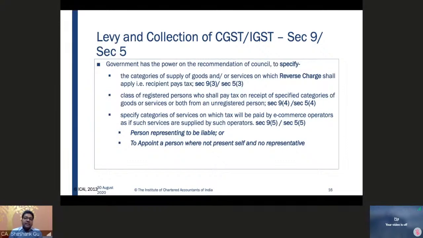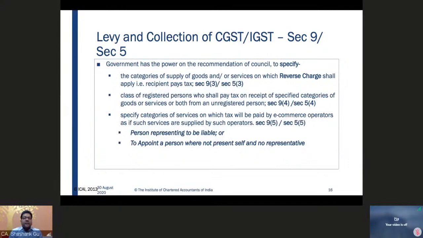But at the same time, we are empowering the GST Council to specify certain supplies on which the liability to pay and deposit such tax will be shifted from the supplier to certain other specific persons. And what are those cases?